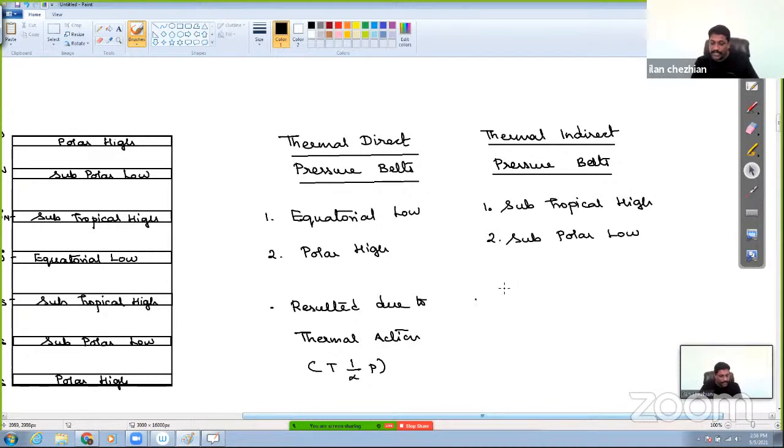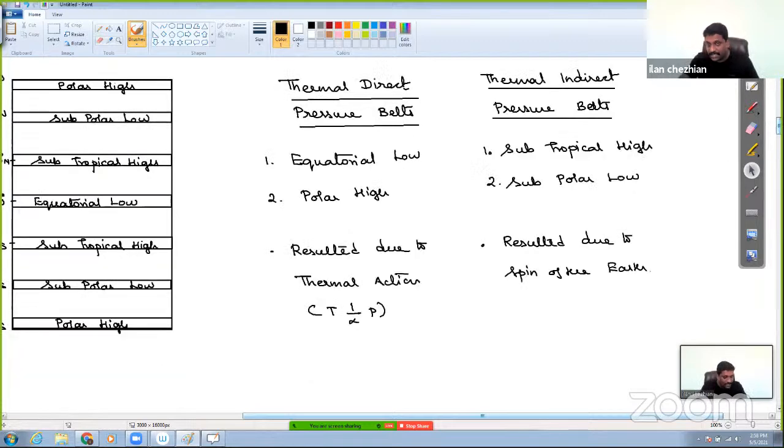And when you ask me how exactly the thermal indirect pressure systems are created, they resulted due to the spin of the earth. So what has created these pressure systems, if you ask me, is the spin of the earth. Not only the spin of the earth, my friend, the distance between the polar high and equatorial low is also seen as one of the reasons.